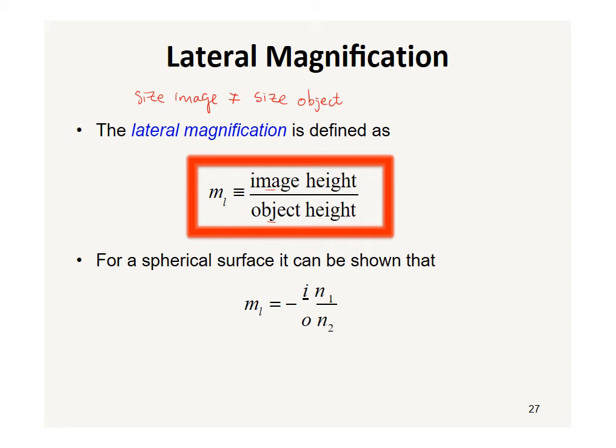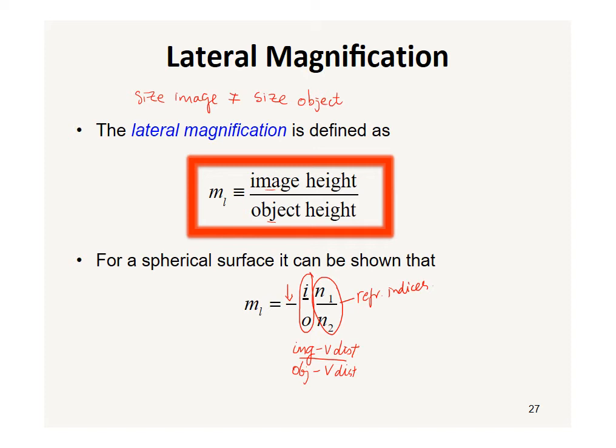But what you can show is that the lateral magnification is given by the ratio between the image to vertex distance, and of course the object to vertex distance, and the ratios of the refractive indices. There's also a minus sign there. That's important to remember.